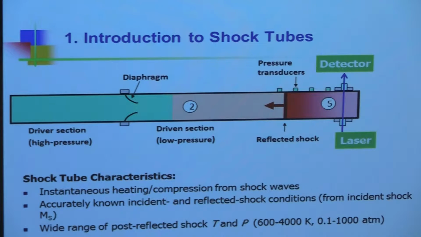The advantage is that if we make an accurate measurement of speed, we can get a very accurate measurement of temperature. If we measure this speed to maybe 0.1%, we know the initial temperature in this region to maybe 0.5%, which is pretty amazing at the temperatures that we work at. We have shock tubes that cover a wide range. We sometimes go down to 600 degrees.